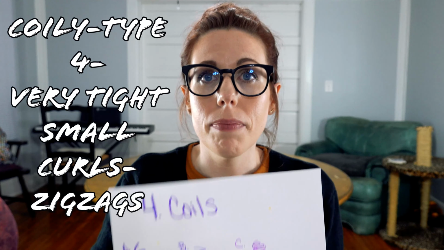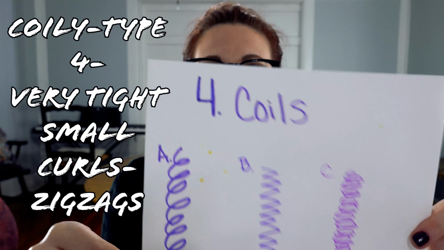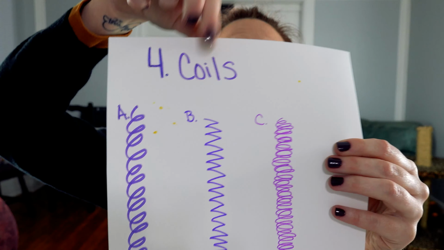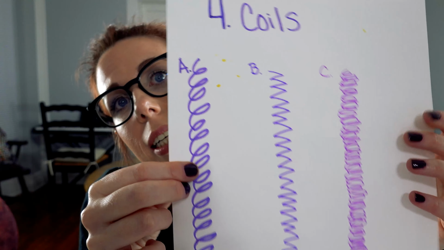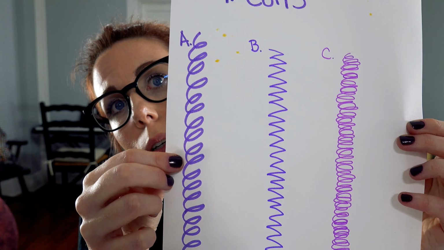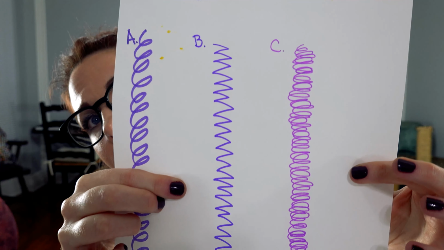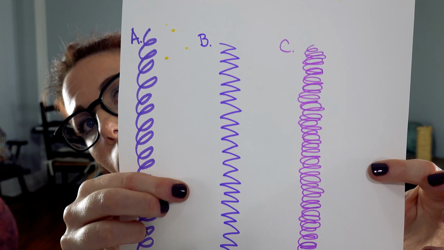It's ready to party. Okay, so again, sub-classifications of number 4, which is gonna be your coils. A is the widest, which you can see is still super, super curly. B, medium, and then C is gonna be super, super, super tight. And these curls tend to shrink up a lot. So that's how you know if you have it.